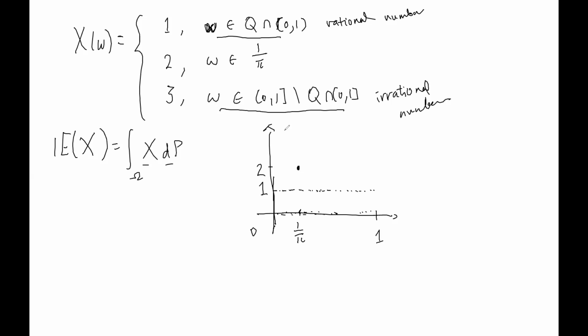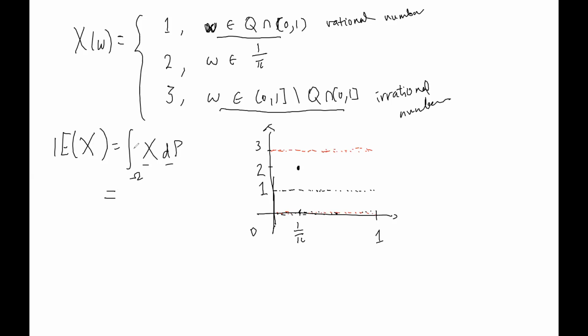And other than that, you have 3, which is basically all the irrationals. So these are your irrational numbers, right? So at the irrational numbers, you have your 3. Again, it's full of holes, right? Because the holes have been dug out from the rational numbers, and there are infinitely many of them. So basically, it's also full of holes. Okay. Now you're going to evaluate this expectation.